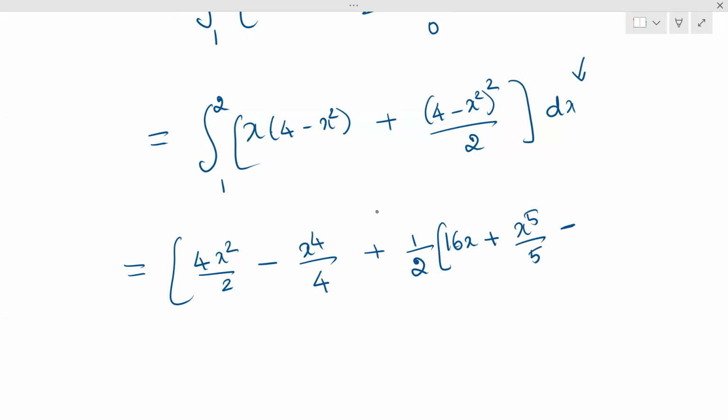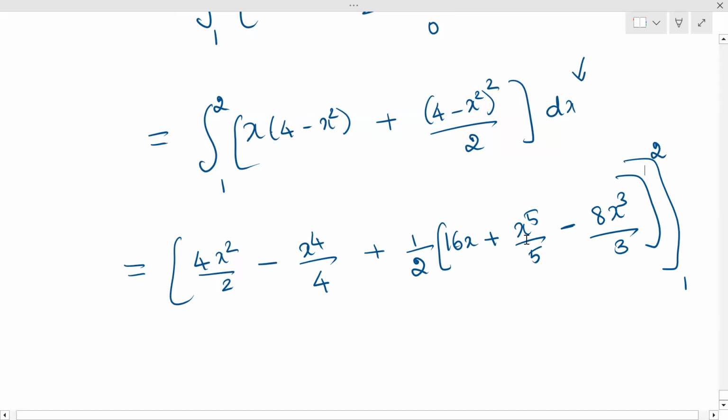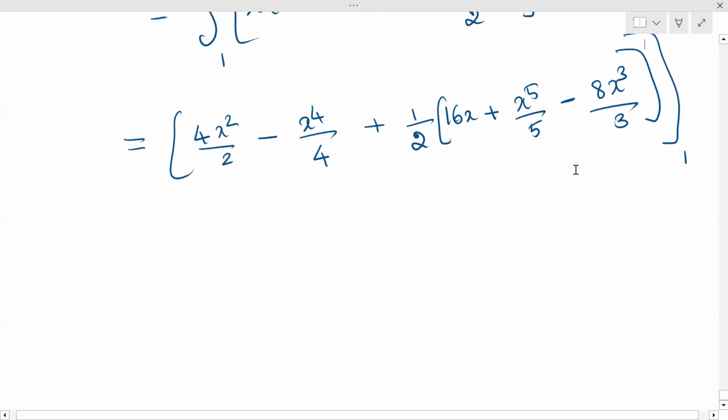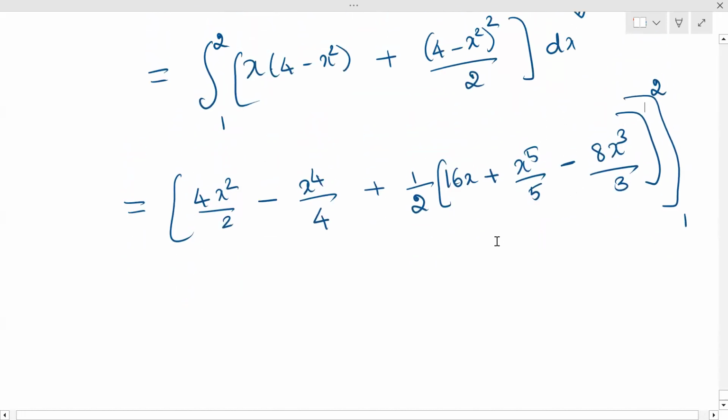Minus 2ab, 8x square. x square integration is x cube by 3. So the limit is 1 to 2. So it is a very big calculation. First find the upper limit minus the lower limit. So the answer is 241 by 6.